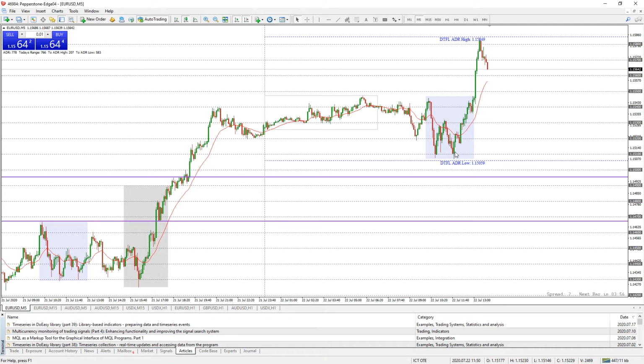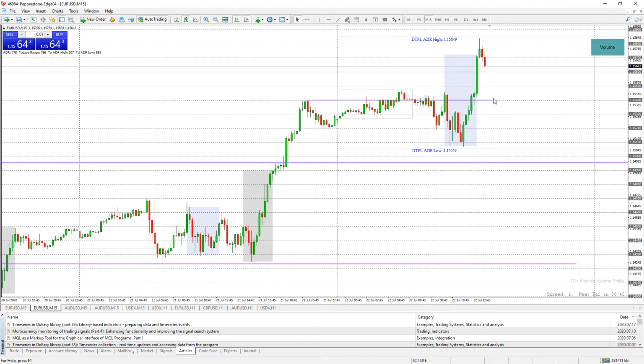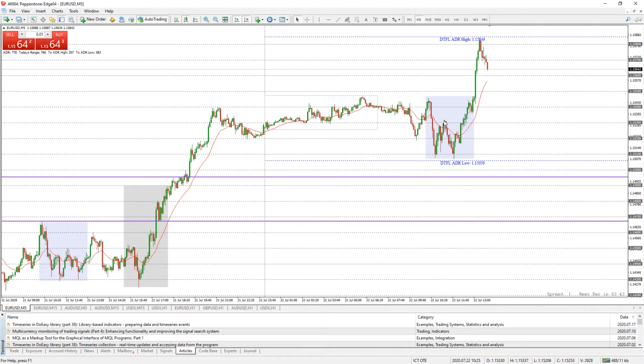Again, it's quite hard to find a nice fit OTE sometimes, right? I don't think you can find any on the euro, but when I see this move coming during the London session, and price was moving down, it could be a move going up.